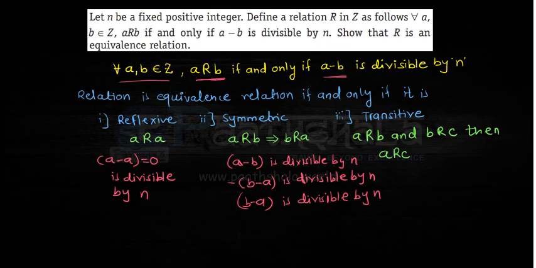From here, a is related to b if and only if a minus b is divisible by n, so b minus a divisible by n means that b is related to a. We can see a is related to b and b is also related to a. Hence the given relation is symmetric.